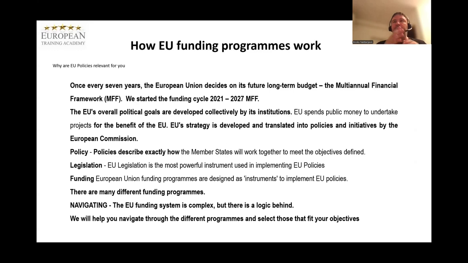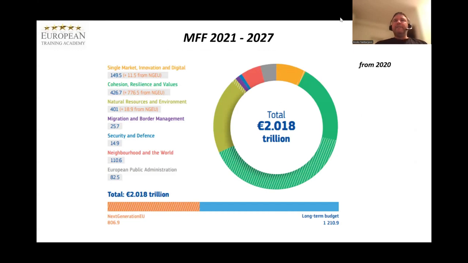In Brussels, where I spent most of my professional career, I've seen some research showing that more than 300,000 people actually live from helping others to understand EU funding schemes and helping them navigate how to get the EU funding. This is a breakdown of the MFF, and I won't spend time explaining it. You can just see the headings on single market, innovation, digital, then cohesion, resilience, and values, and so on.